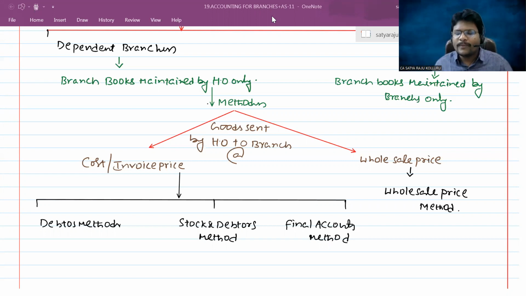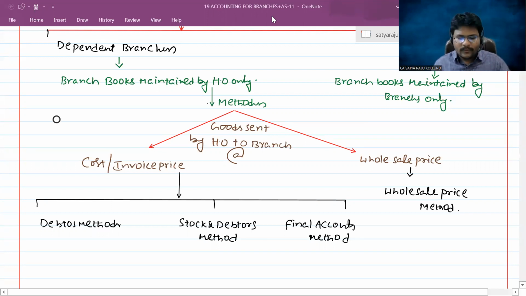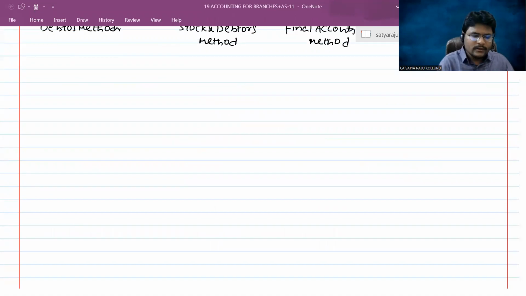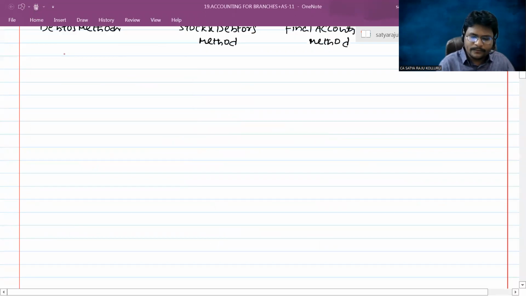In the wholesale price method, when goods are sent at wholesale price, again the objective is the same. Fine. Now let me discuss each and every method individually. First, I'm talking about the debtors method. Let us start with the debtors method.